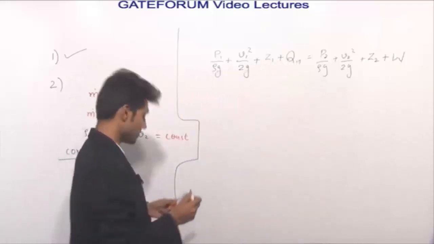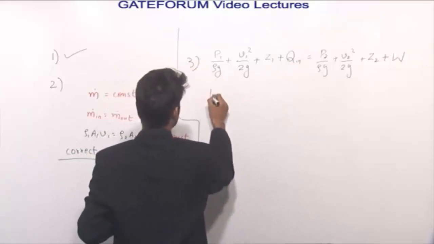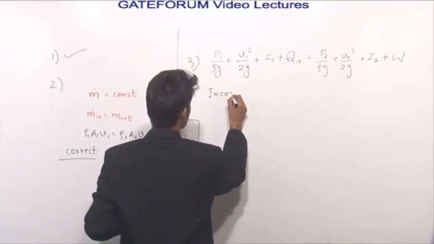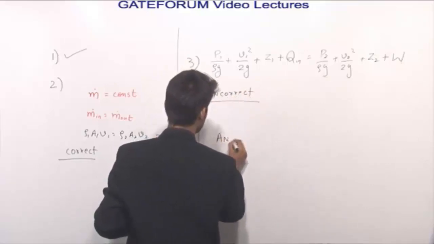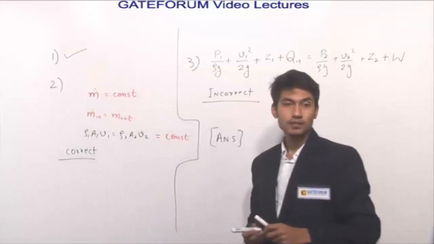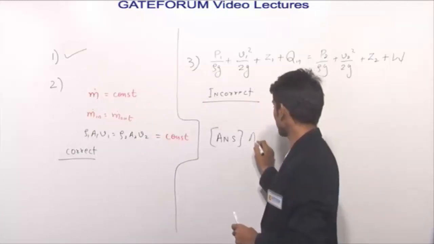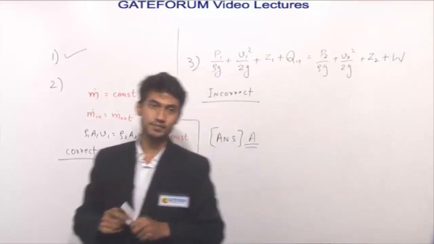So statement 3 will become wrong. So it is incorrect. So for our particular question, our answer should be statement 1 and statement 2 are correct. In options it is given option A. So our answer will be option A.